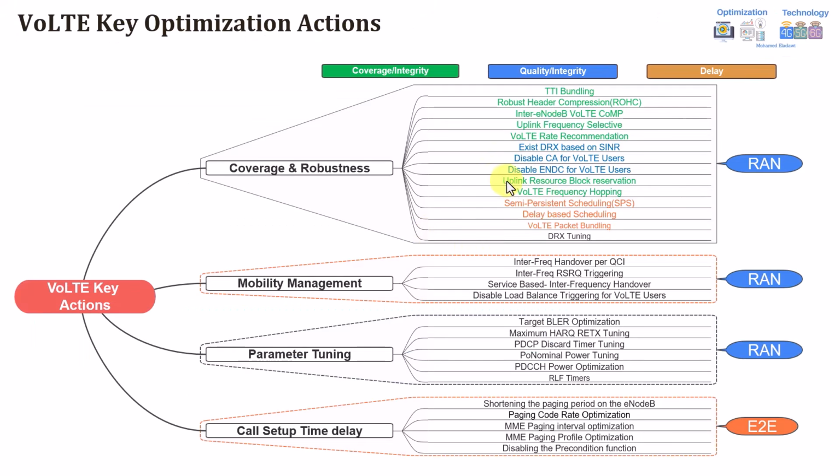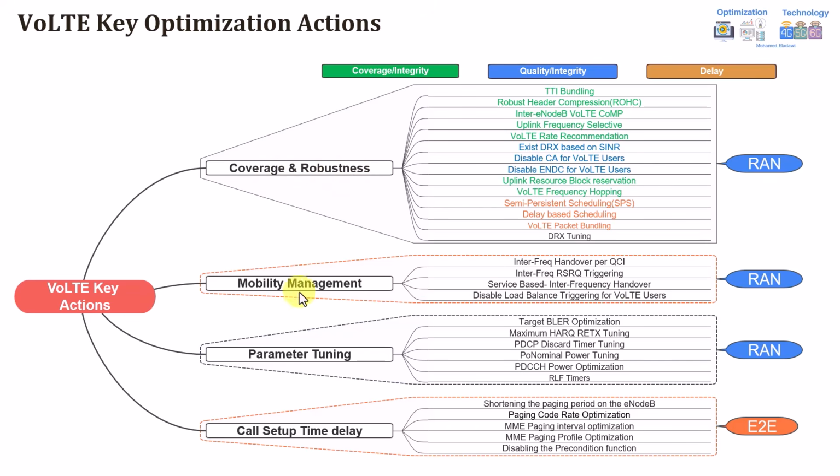So this figure or mind map summarizes the main VoLTE key actions. As you can see here, I split this into 4 categories. In general, when you optimize VoLTE networks, you will look into features or actions which can improve coverage and robustness.